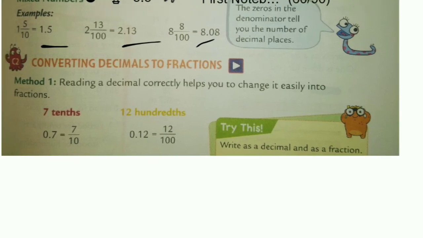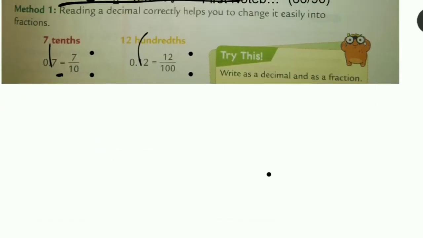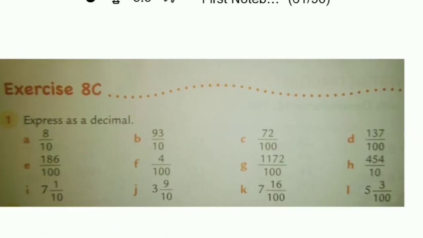Next, converting decimals to fractions. How to convert? 0.7, it means remove the decimal, only one number is there after the decimal, it means 7 upon 10. In this one, remove the decimal, two numbers are there, 12 upon 100, like this. Last exercise, exercise 8C.